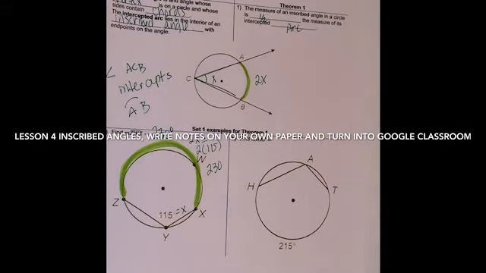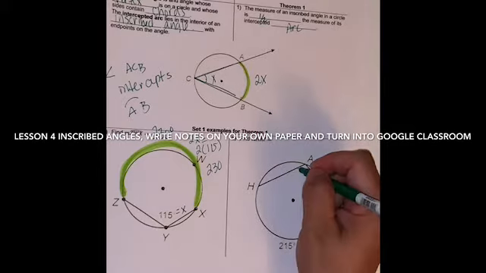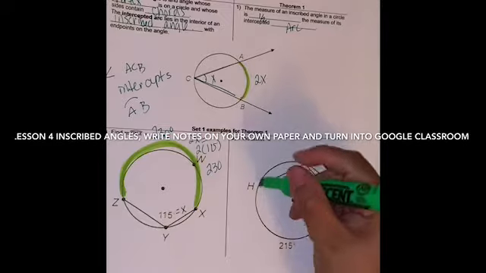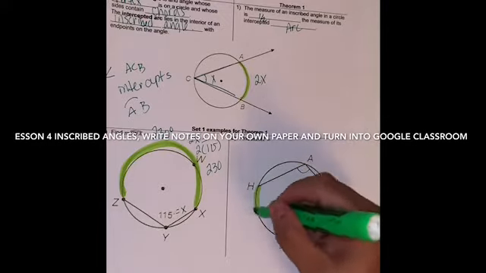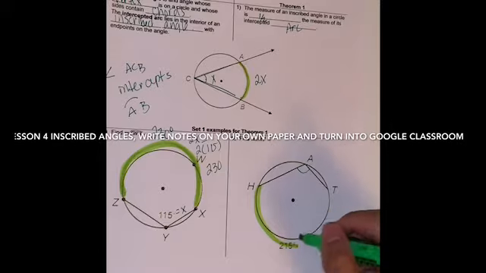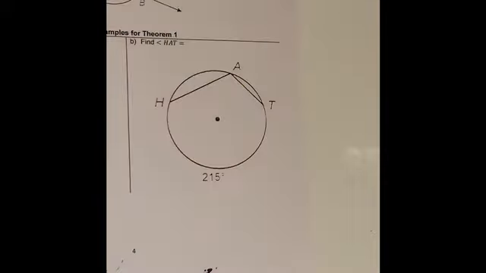Example B, find the measure of angle HAT. So we need to find the measure of this angle. Okay, and then lastly, for the examples, it says find the angle of HAT.